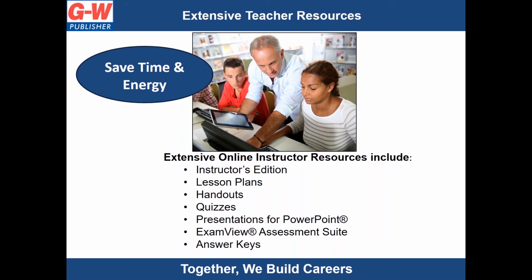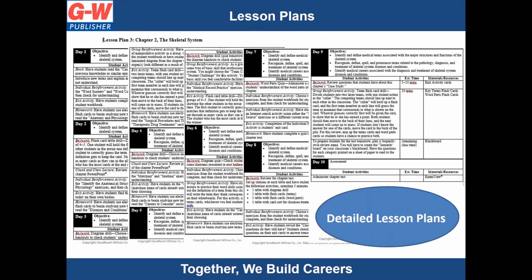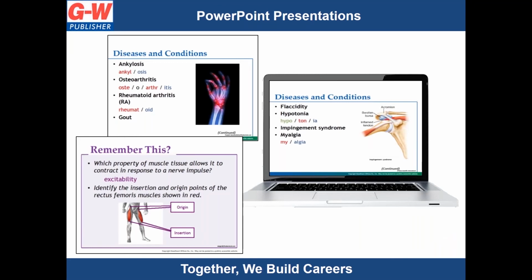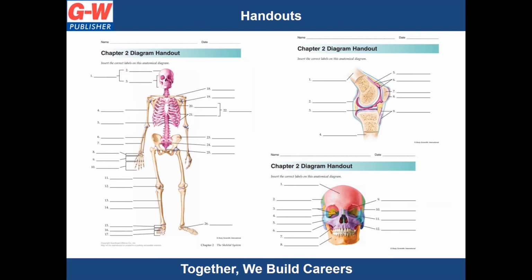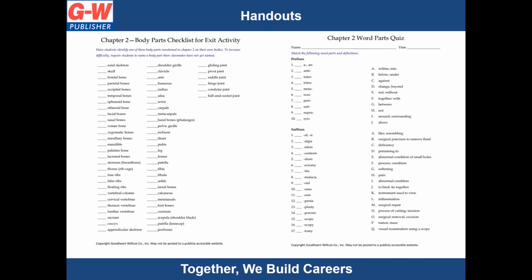Support materials include an Instructor's Edition, which provides tips, teaching strategies, and answer keys. Detailed, ready-made lesson plans. Ready-to-use editable PowerPoint presentations. And handouts, which include labeling activities, flashcards, exit activities, and quizzes.